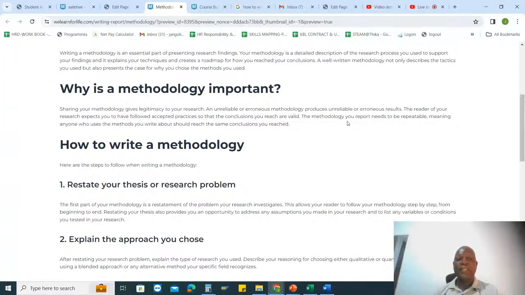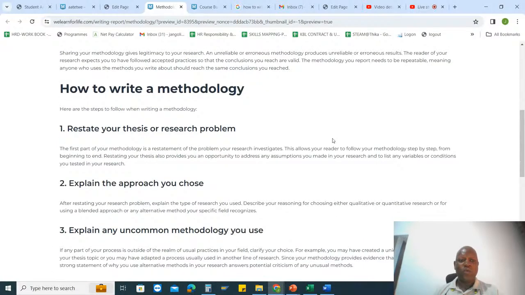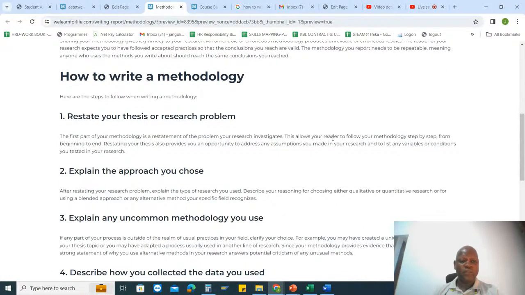It helps the reader, the audience that we are addressing, to follow and accept the practices that we used, and to validate what we are talking about. So the methodology you report needs to be repeatable. It needs to have meaning to anyone who uses the methods and who writes about it.